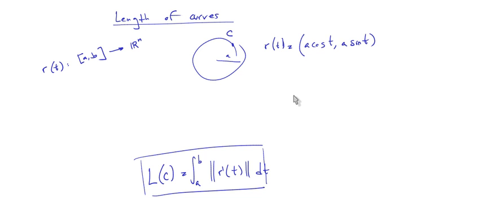If you start at 0, the cosine of t is 1, times a, so this is a, and a times sine of 0 is 0, so the first point is (a, 0). Then you start increasing, you get to pi halves, then the cosine is 0 and the sine is 1, and so you keep going like this. This is the parameterization of this curve.